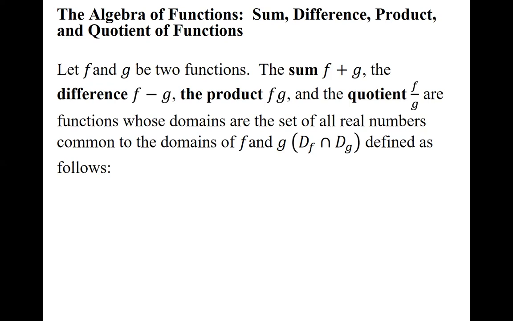And they're all functions whose domains are the set of real numbers common to the domains of f and g. So we take their domains, and where the domains overlap, that's the domain of the sum, difference, product, or quotient.